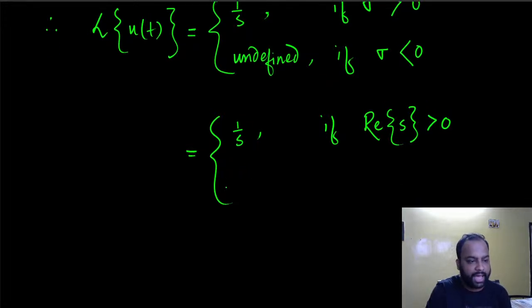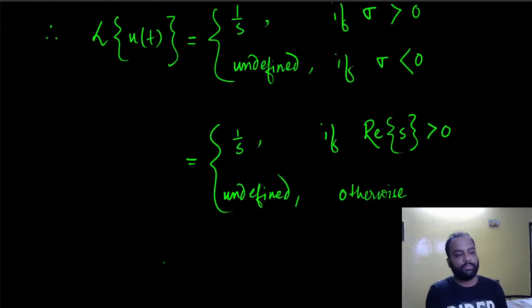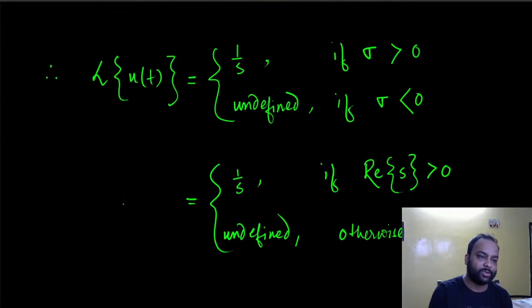And this is going to be undefined if the real part of s is less than 0 or otherwise. So the Laplace transform of u(t) is defined to be 1 by s if the real part of s is greater than 0. The suitable real value for sigma here is any positive real number.